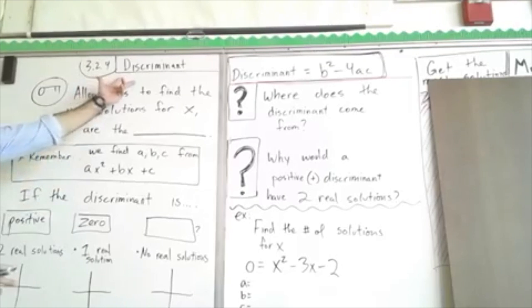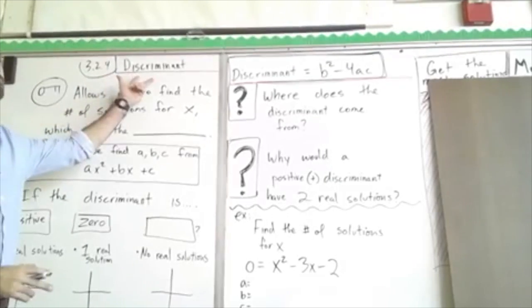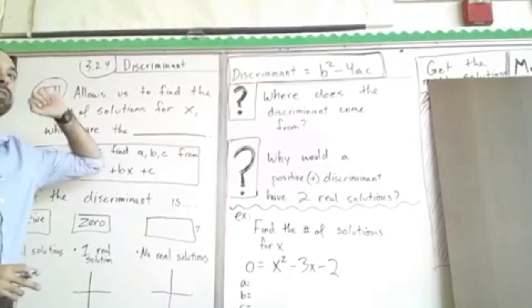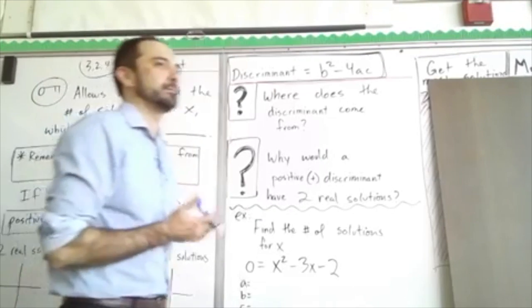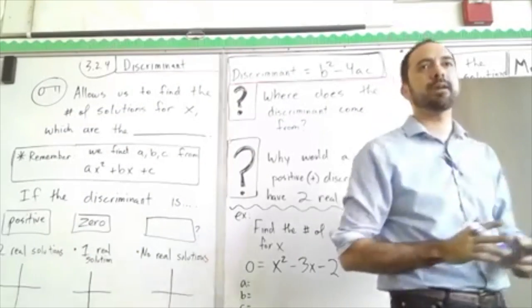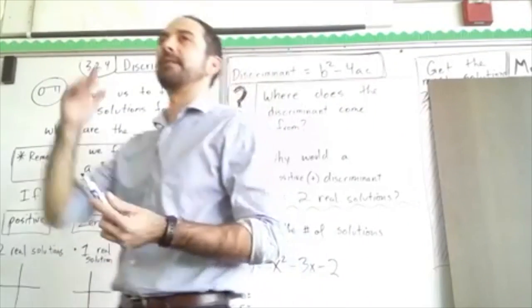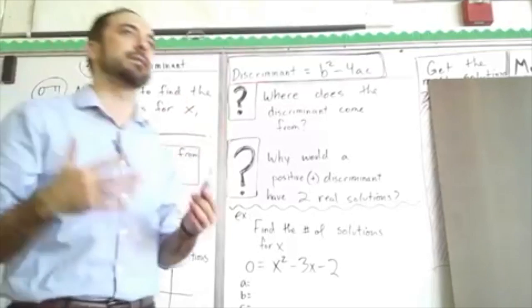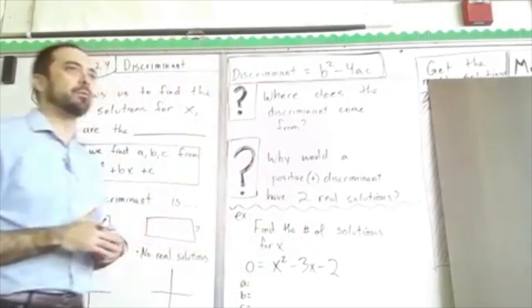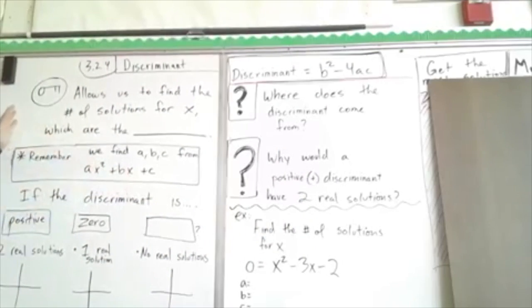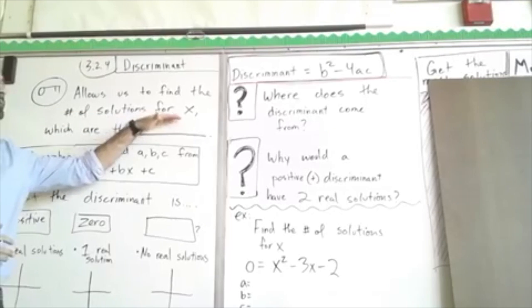All right, here we go. The discriminant. What word do we think of when we hear discriminant? Discrimination. Okay, so that's kind of like having the idea of what something is, on a preconceived notion. But what we can do with the discriminant math-wise is find the number of solutions for x.